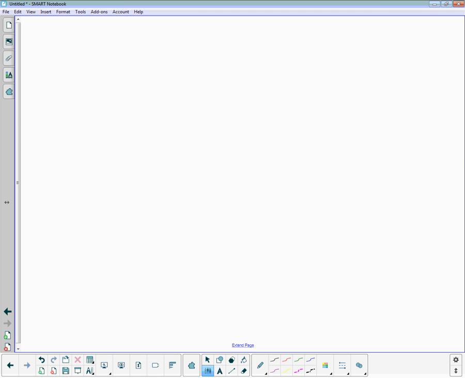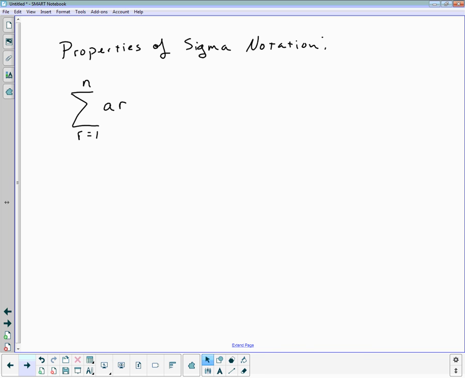So, the properties. Properties of sigma notation.